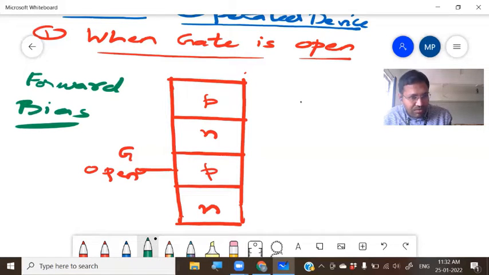What do you mean by forward bias? P side positive, N side negative is forward bias.